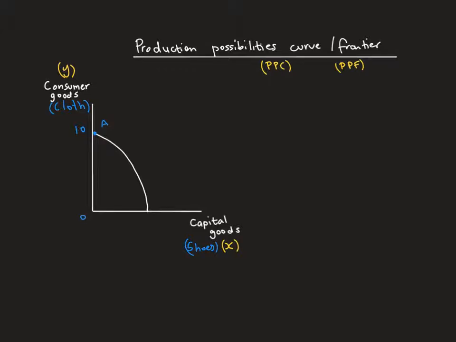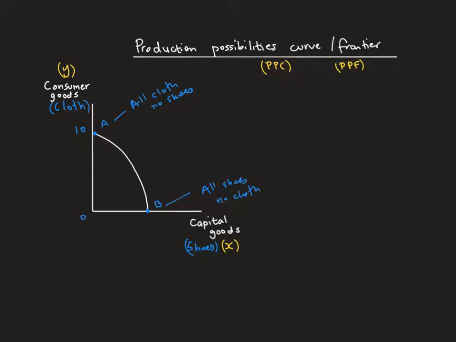And then let's move all the way to the x-axis, to this point here. This point represents that we are using all our resources to only produce the capital good, which is shoes. So point A represents all cloth, no shoes, and point B represents all shoes and no cloth.